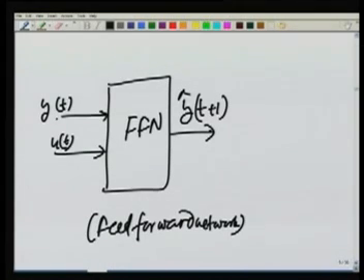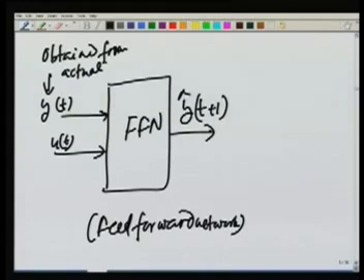And y(t) is the input to the network, but it is obtained from the actual system.